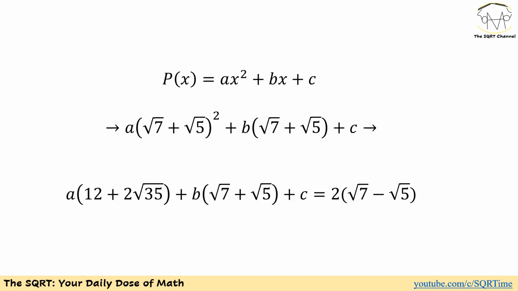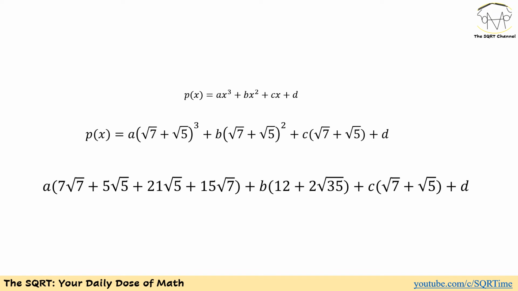And obviously, this needs to be 2 times radical 7 minus radical 5. As a result, we need to find the value that we can have for a to be able to result in what we have at the end. If you try to do this, you can see that we cannot find any integer coefficient to use. So degree 2 is not an answer here.